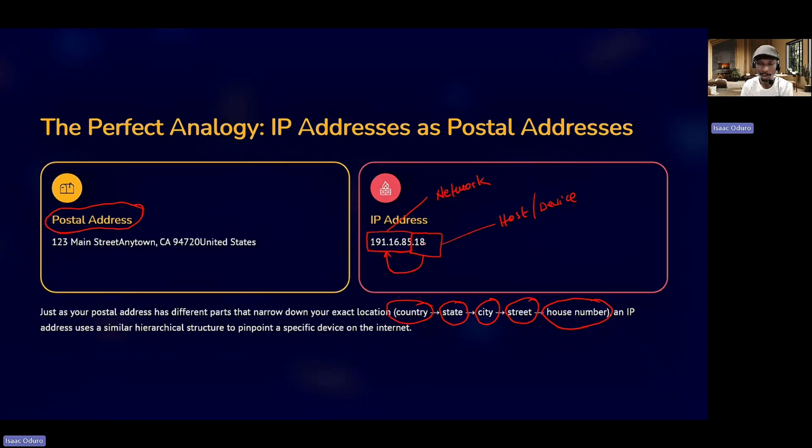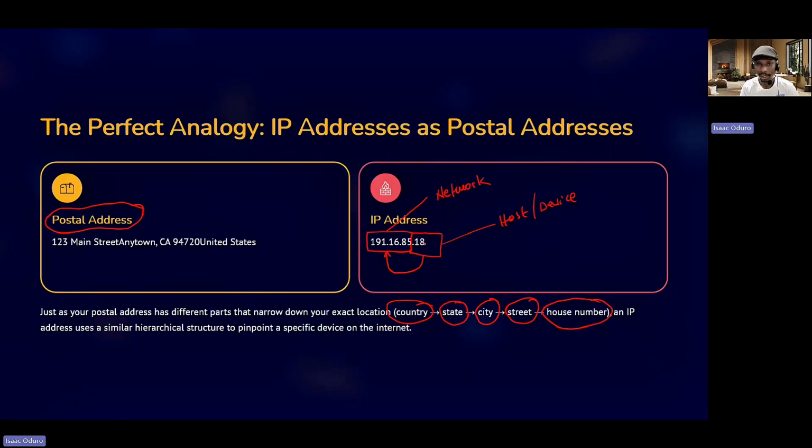So in order for your device to be identified easily, this IP address is the only IP address assigned to that device among all the devices that are connected on the network. And the 18 here, as you are seeing, is the host ID as it is connected on this network.